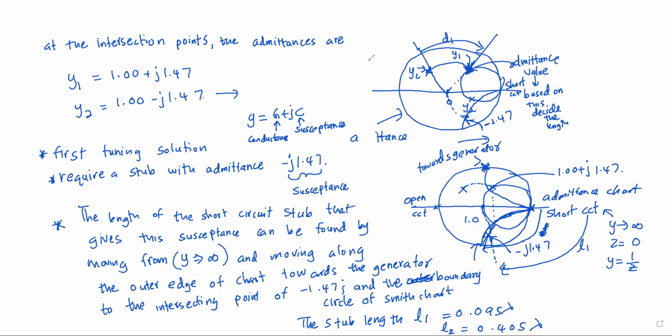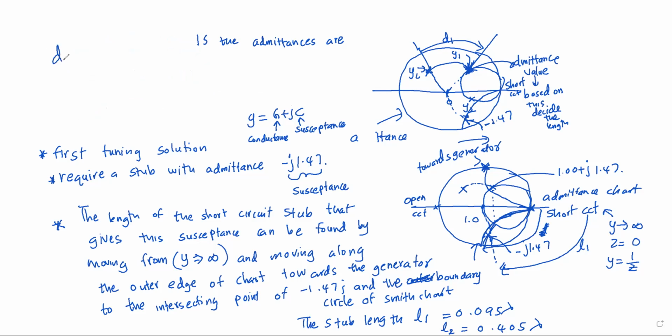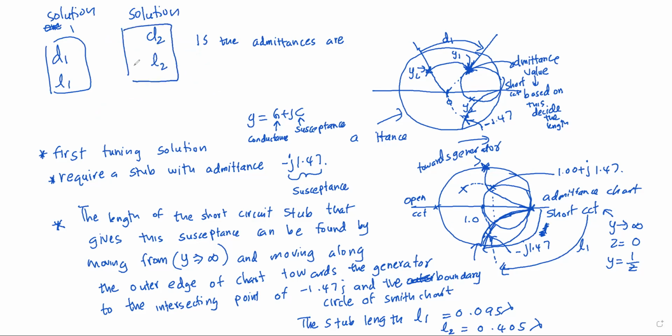So you can either select D1, L1, this is solution one, or you can select the next set that you obtain, D2, L2. So you can select either of these two.